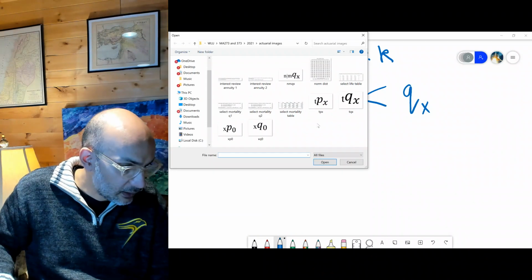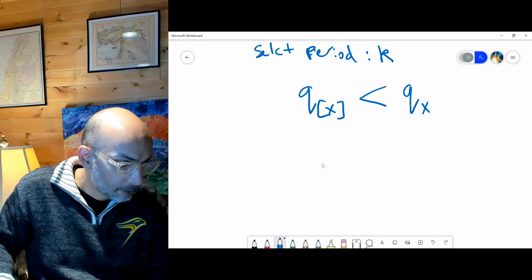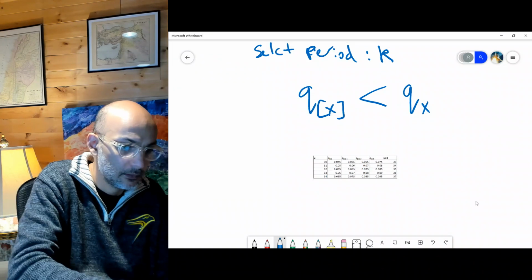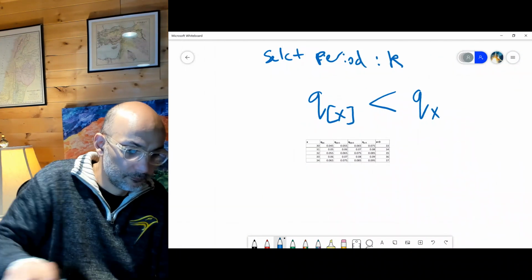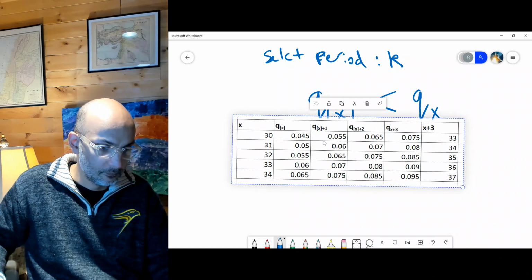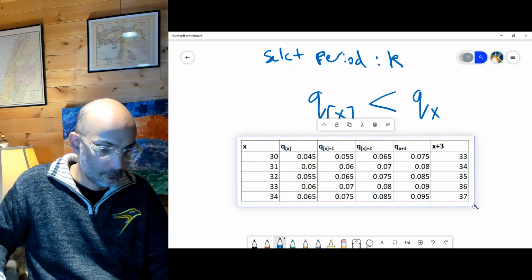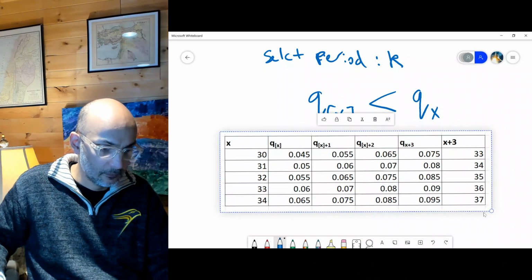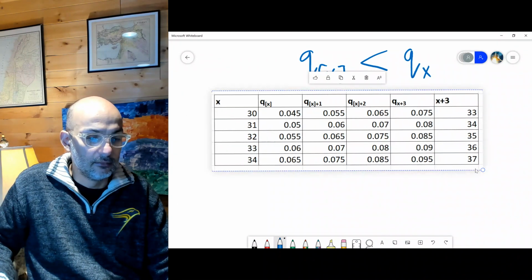We need select mortality. Right, so this is a select mortality table.